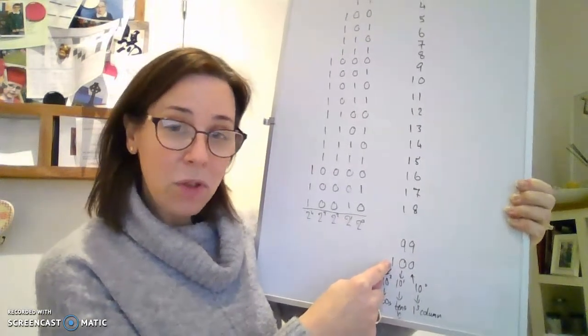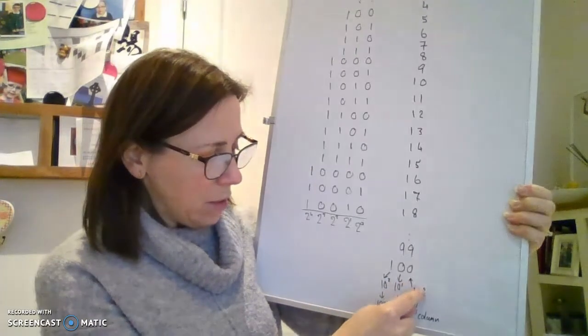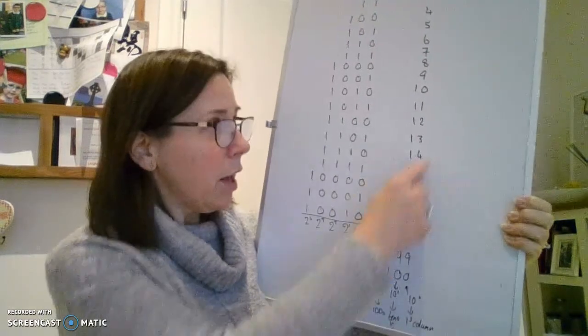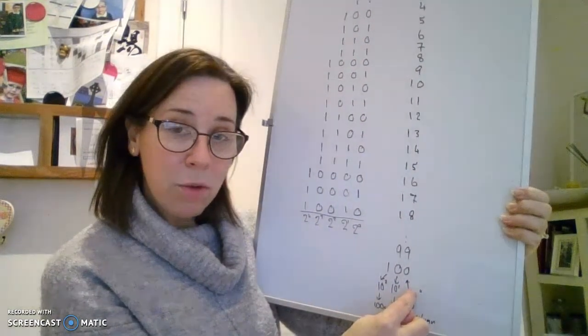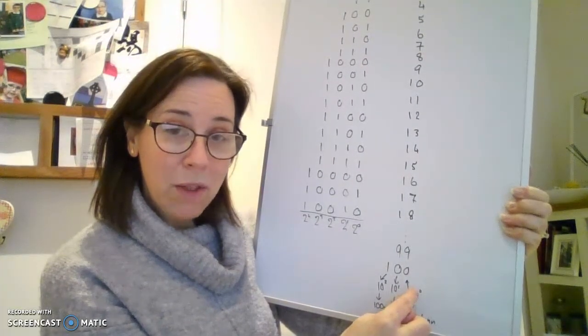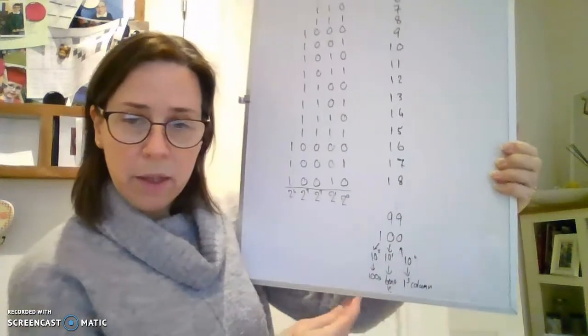Now, to understand that in terms of number bases, this column here, what we call the 1s column, is 10 to the 0. And any number to the power of 0 is 1. So that's our 1s column. Can you see that?